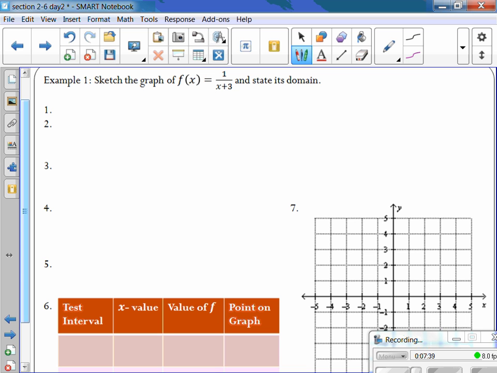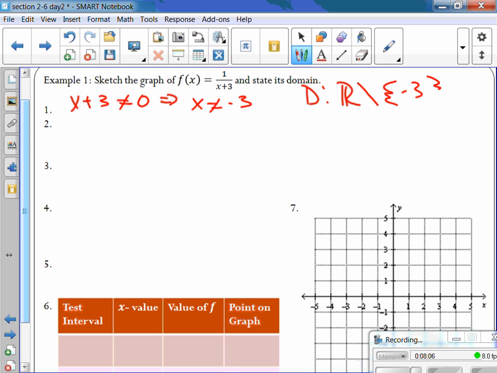Exclude. Absolutely, the denominator cannot equal 0. As Tommy said, x cannot equal negative 3. So all real numbers, excluding negative 3, wind up being the domain.